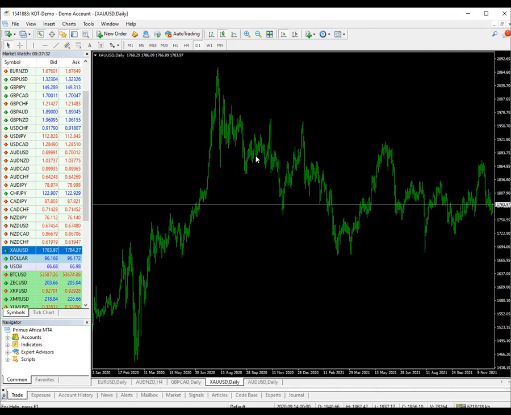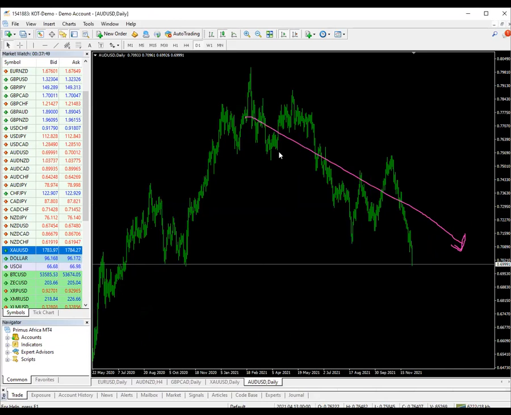Currently, as we speak, gold is falling. As you can see, gold is falling. Now, what do we also see on AUD? It's also falling. Are you seeing the correlation?